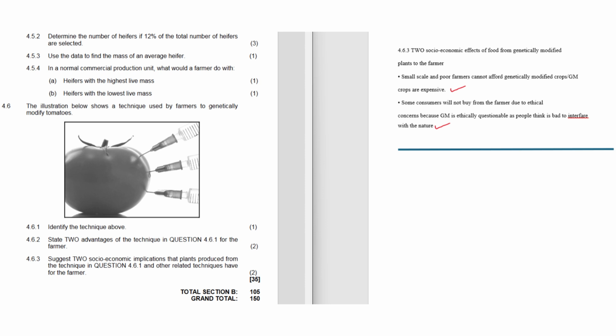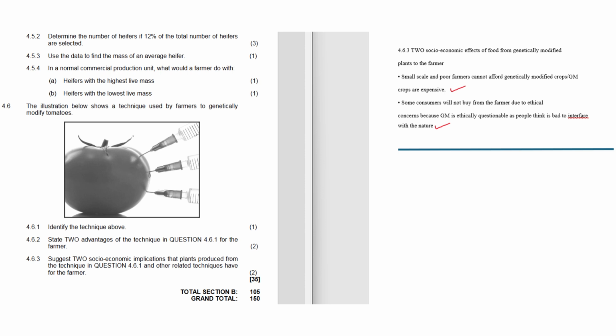They cannot afford them because these farmers are small-scale farmers. It would be a heavy process for small-scale farmers to make enough revenue to afford those genetically modified crops because they're expensive.